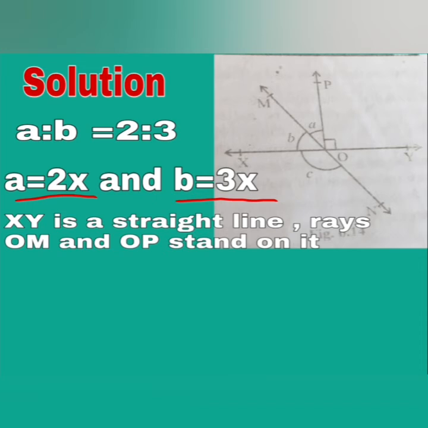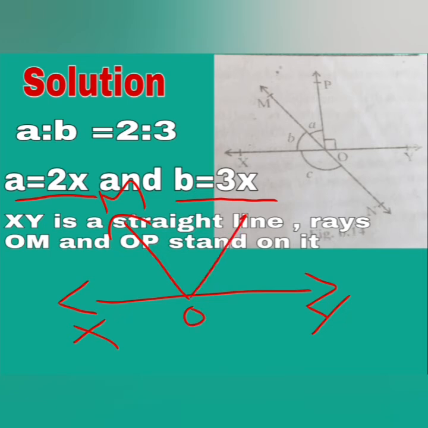Now, one by one, let us consider both the straight lines and solve our question. First, we are taking straight line XY, as we did in the last question. In the same way we are going to solve here also. On that XY straight line, you are having OM ray and you are having OP ray, right? So OP ray is forming a 90-degree angle.